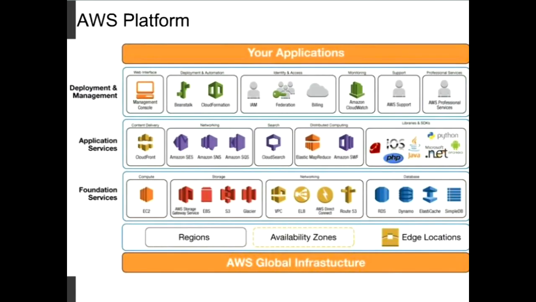So not only do we have these foundational components like EC2, where you rent computers by the hour, or S3, where we store data at phenomenally high durability, we also have higher level aggregated services, things like CloudSearch, where you can easily create a search index, or Elastic MapReduce, where it's easy to run and manage big Hadoop clusters on top of AWS.